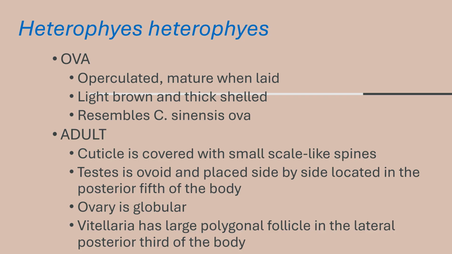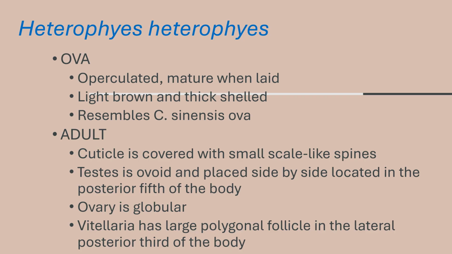The ovary is globular and the vitellaria has large polygonal follicles in the lateral posterior third of the body. It measures 1 to 1.7 millimeters by 0.3 to 0.4 millimeters.